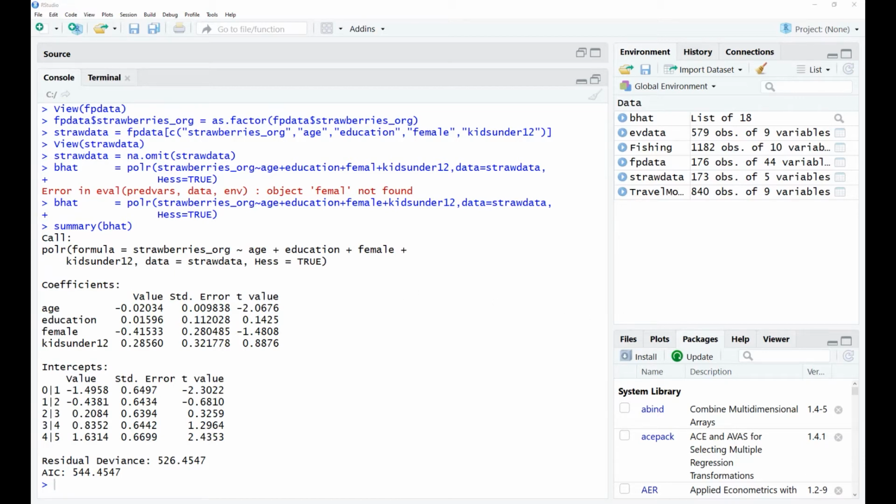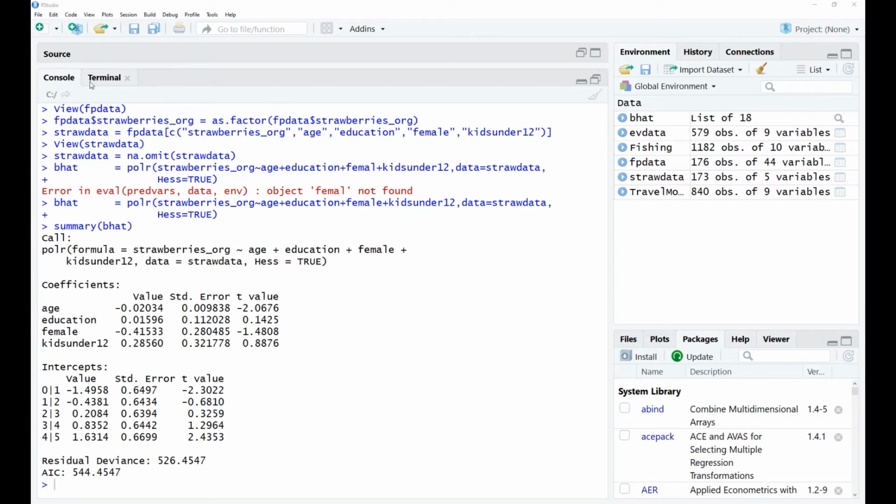Now, very much like the binary choice model, meaning the probit or the logit model, we can only interpret the sign of those coefficients, but we cannot interpret the coefficients themselves. To do so, we actually need to calculate the marginal effects.